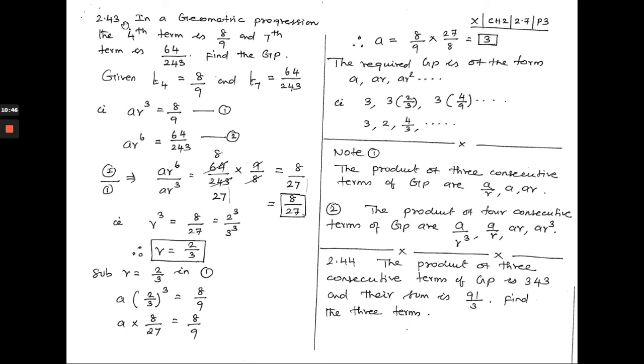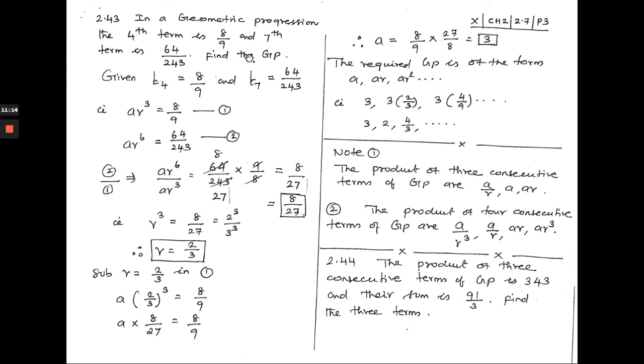Example 2.43. In a geometric progression, the fourth term is 8 by 9 and the seventh term is 64 divided by 243. Find the GP.